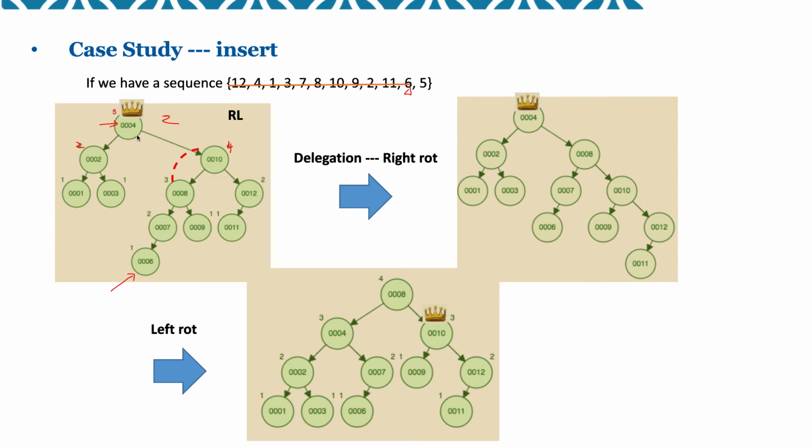So it's already imbalanced. In this RL situation, we mentioned before, it should perform a right rotation followed by a left rotation. A right rotation first, and then the 8th node should take over the 10th node position. So the 8th node should be the root, right?